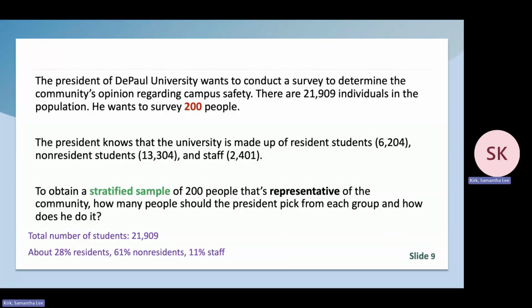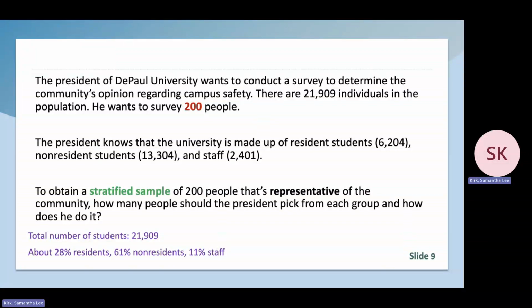And if I take that number 13,304 and divide by 21,909, I'll get 0.61, which means about 61% of the university is non-residents. And if I take 2401 and divide by 21,909, I get 0.11 or somewhere close to that, which is about 11%. So 11% is staff, 61% is non-residents, and 28% is residents.